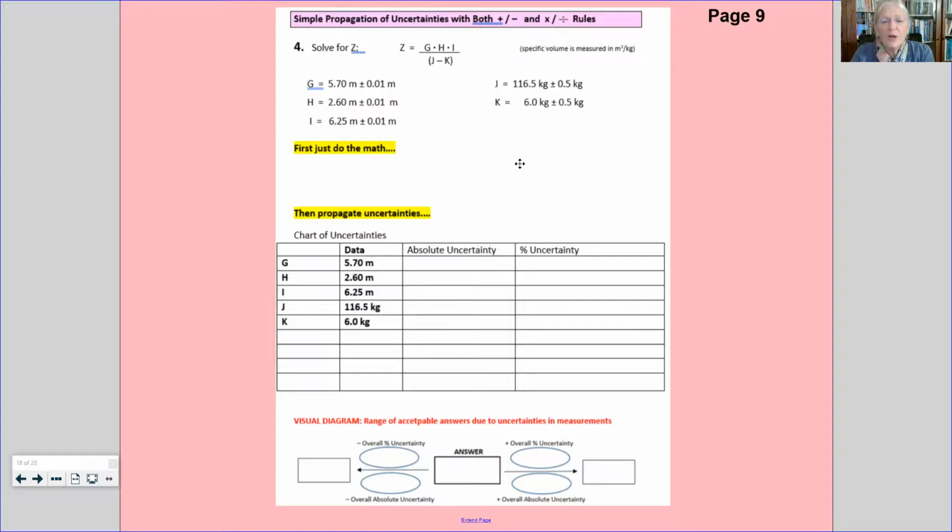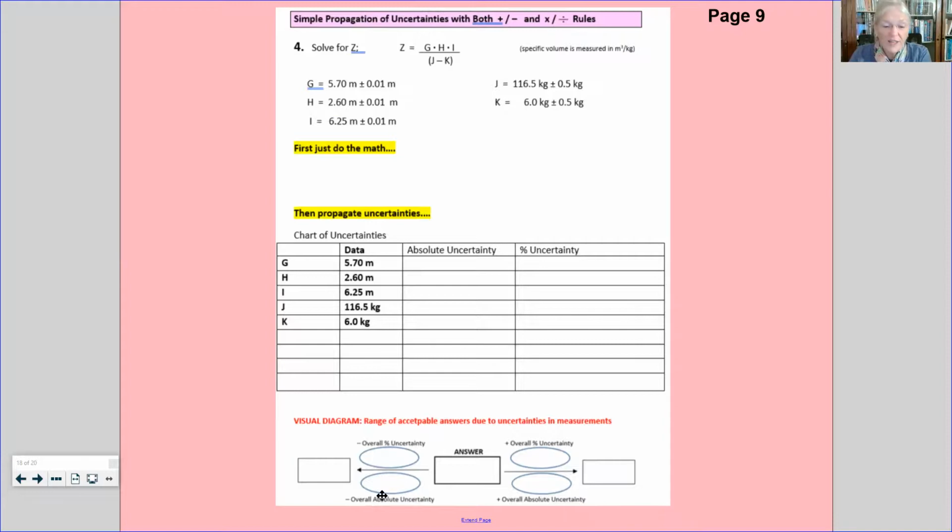Remember, first you just do the math. Just give me a numerical answer and put it right here. You're going to first be calculating the overall percent uncertainties. That overall percent uncertainty needs to be converted to overall absolute uncertainties by another calculation that you do.